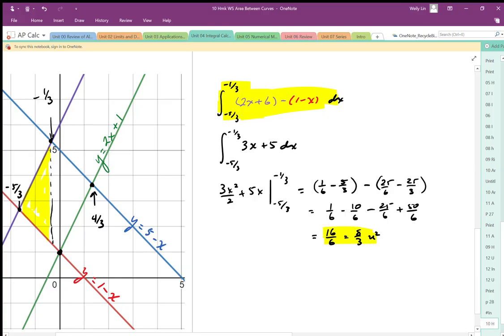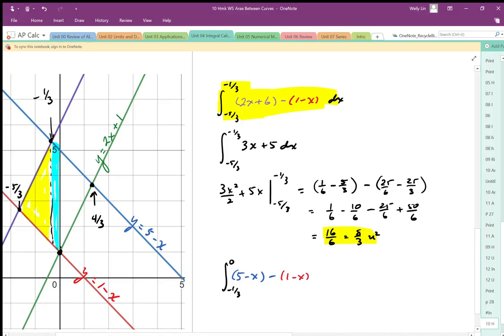Okay, and then we do the rest of the problems in the same manner. So we need to establish the next boundary. The next boundary is going to be at 0. And so this little thin strip here, we need to integrate to get the area. That integral is going to be from negative 1/3 to 0, and it's going to be the blue line minus the red line. So it's going to be 5 minus x minus 1 minus x dx.